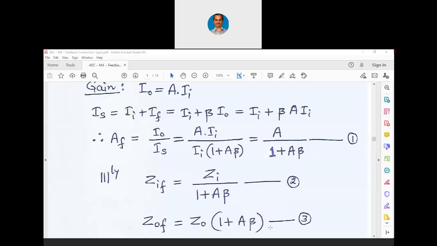In contrast, in the case of a current amplifier, input impedance is being reduced and output impedance is being increased. So this way, the current amplifier can be used for impedance matching as well whenever such necessities arise in our electronic designs.